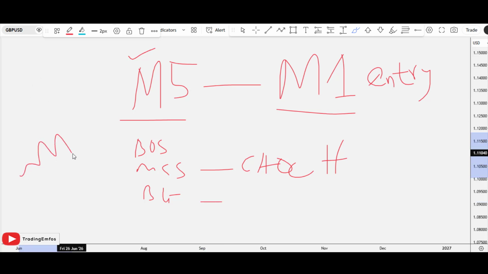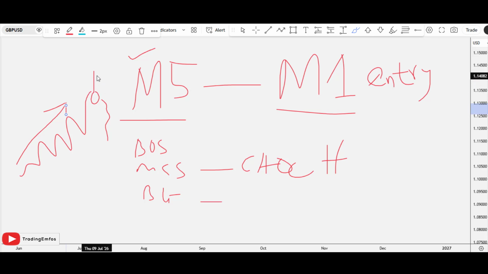Take for example, the market was moving in an uptrend this way, and it gets to this point. I will wait to see either a pin bar. If I see a pin bar or a shooting star, then I know that this market is about to reverse, because as it's printing this way, it will be printing bullish candles and some bearish candles, but the bullish candles will be more.